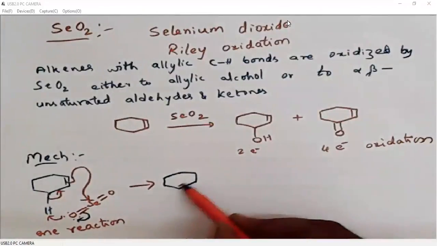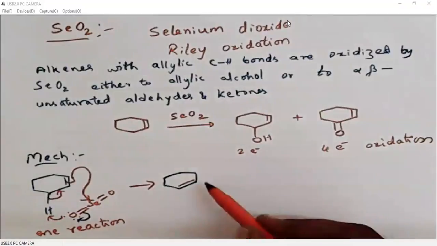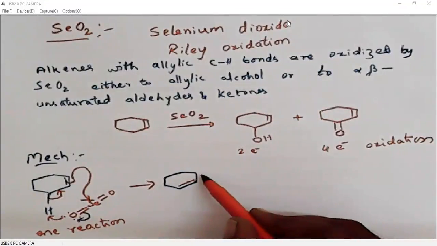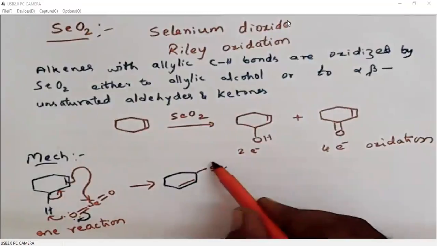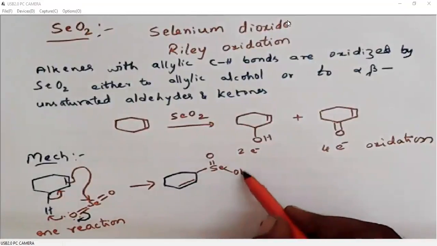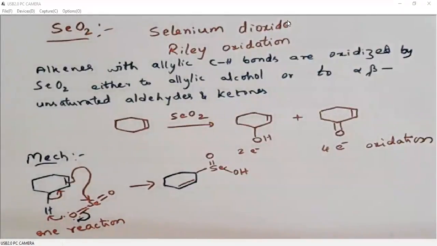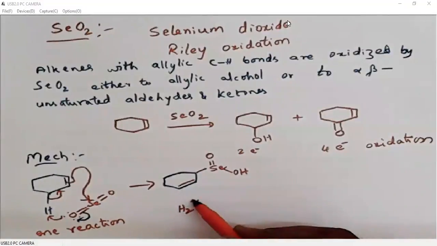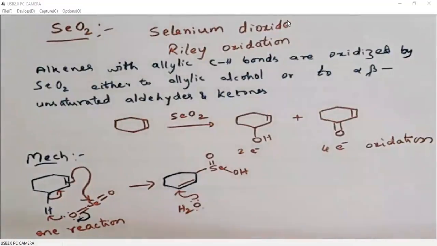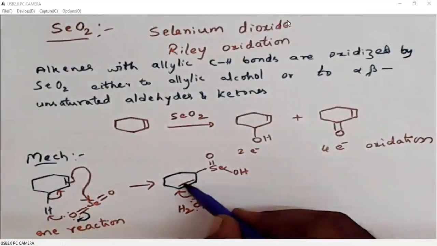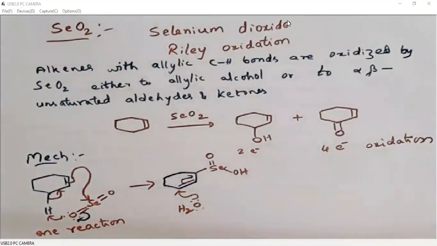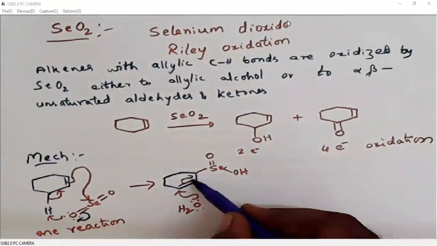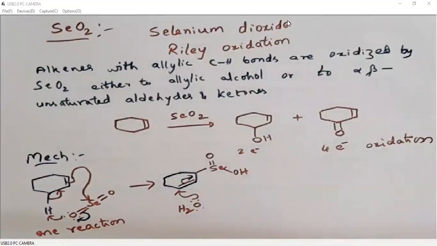Then the new double bond is generated here, and it is a selenium oxide. In the next step, water will add here. Then again the double bond migrates to its original position.